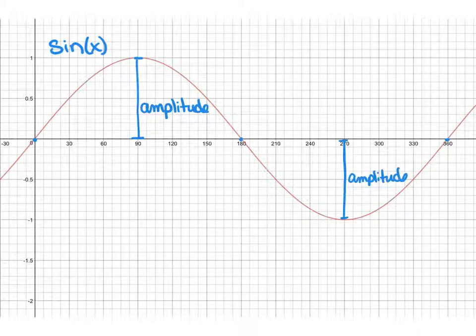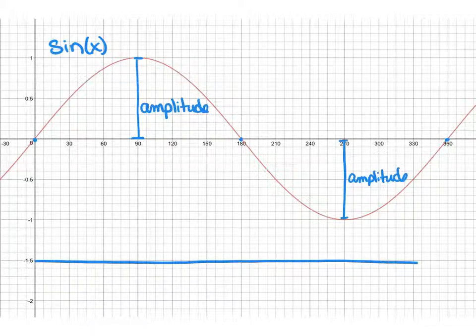The other thing I want you to notice is the amount of time it takes to go right back to where we started, which is over here. That whole thing from 0 all the way over here to 360 is called the period.